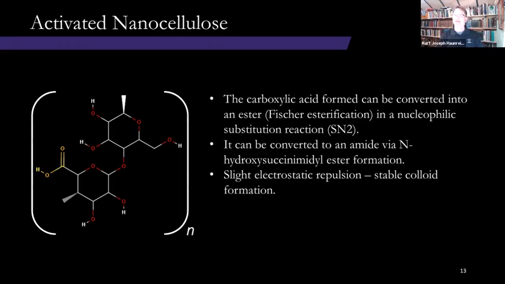You can actually add silanes to nanocellulose, and that is a step in creating, for example, aerogels that can absorb pollutants, right? You don't want an aerogel to absorb water. You want it to absorb nonpolar substances, right? So how do you make your nanofibrillary cellulose nonpolar?